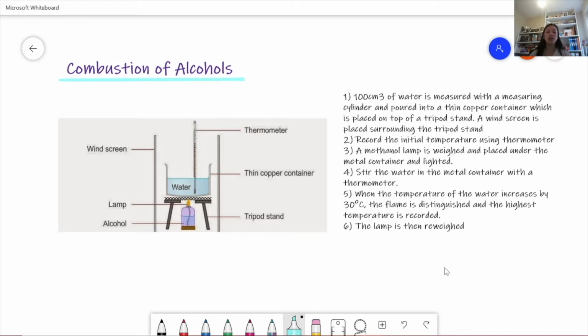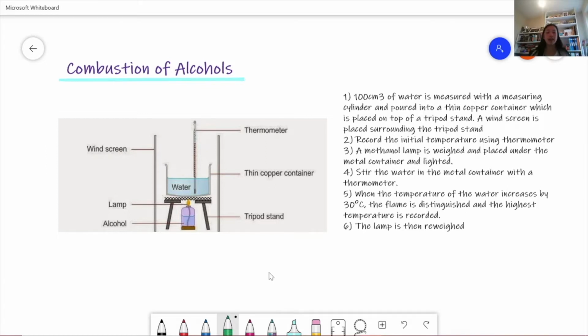And when the temperature of the water increases by a certain amount that you decide beforehand, so in this example we have 30 degrees Celsius, we take out the flame and then we record the temperature that the water is at. We then reweigh the lamp, and this should give us the mass that has been burnt.